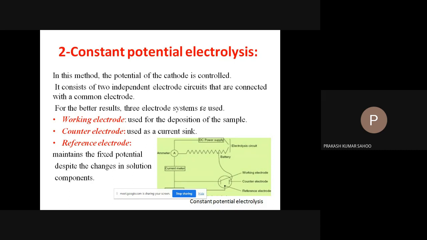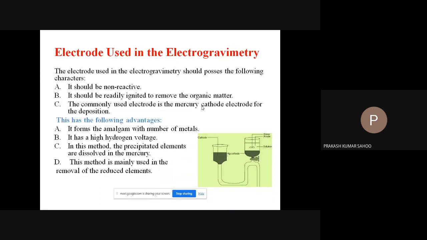Here one extra electrode, the reference electrode, is used, which maintains the fixed potential despite the change in solution components. That is the role of the reference electrode.